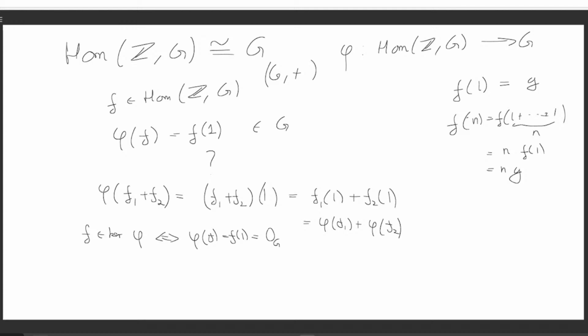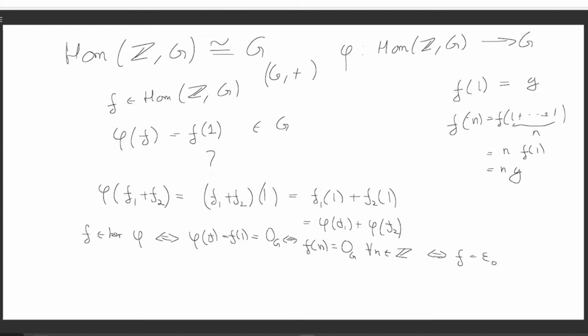So this implies, if and only if, f of n is equal to 0 of G for all n in Z. That means f is the trivial homomorphism. Just write it as epsilon naught. Okay, trivial or zero homomorphism that maps everything to the identity. So the kernel is trivial. So it's injective.